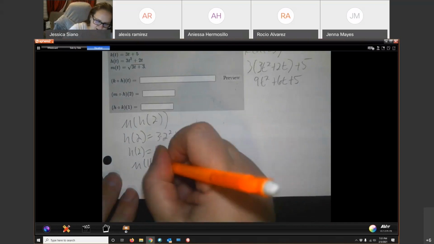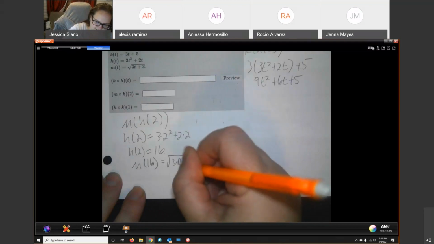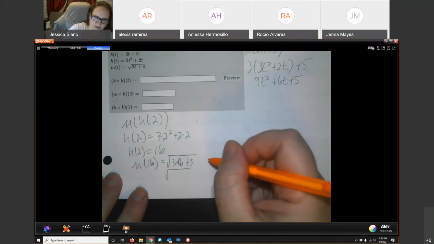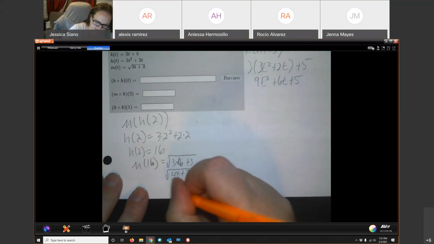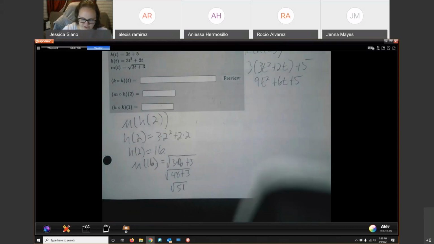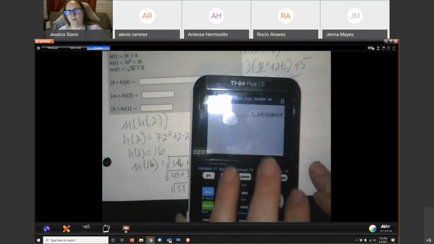And so then m of 16 is the square root of 3 times 16 plus 3, which would be 48 plus 3. Now they do want a decimal, so the square root of 51 is 7.141.